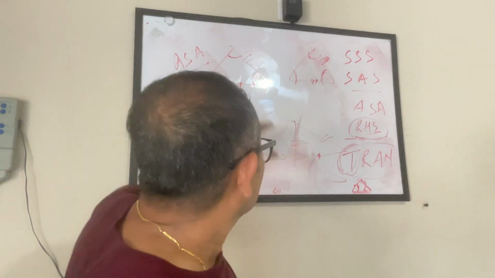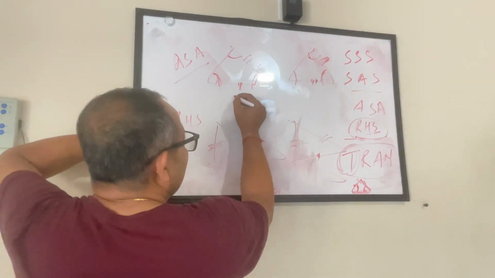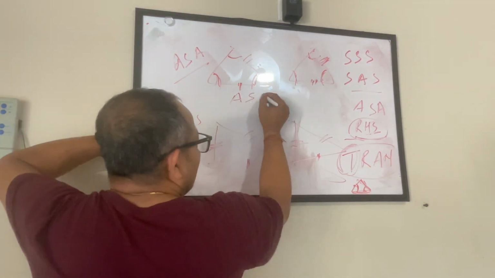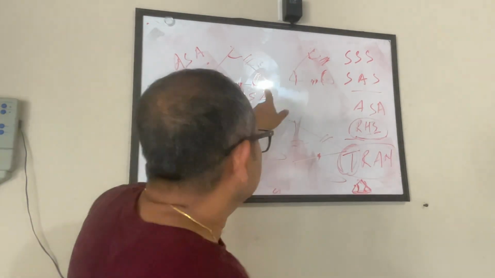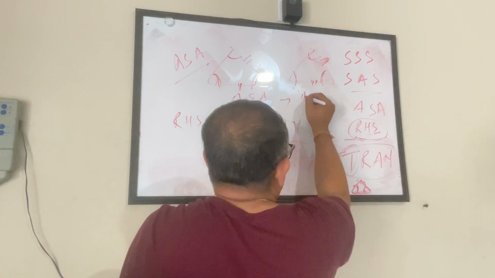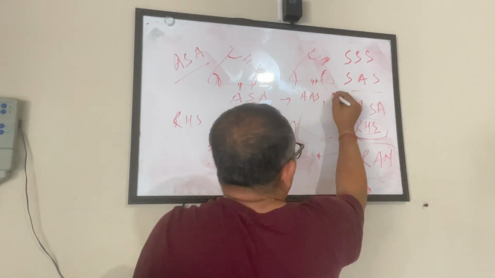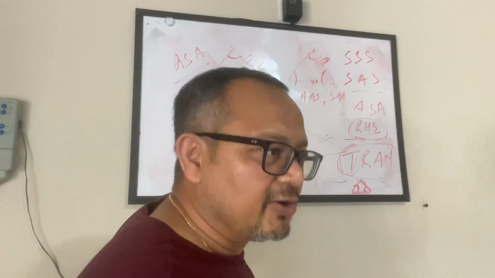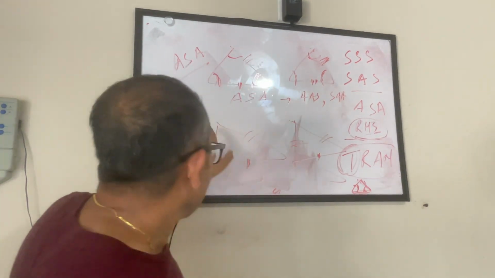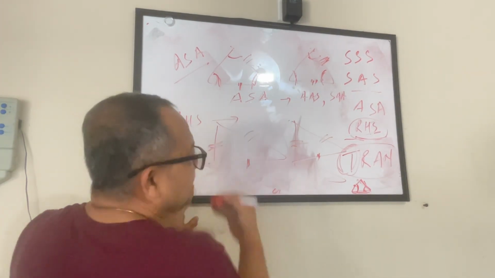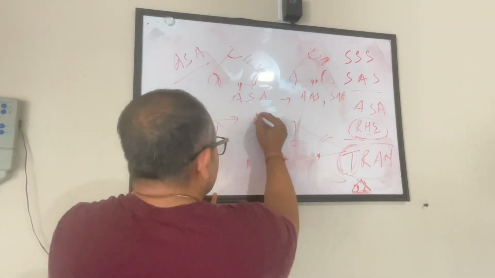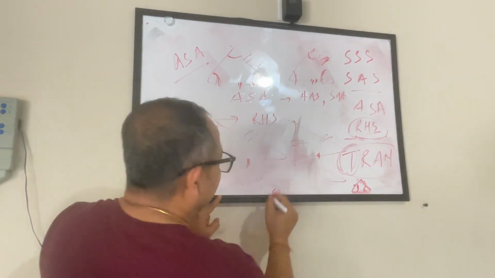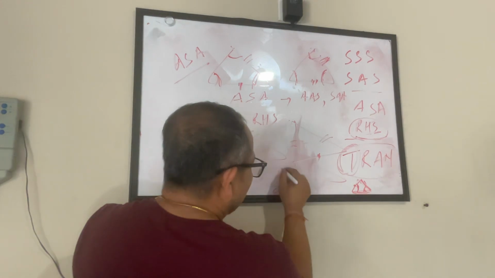Yeah? So the official theorem is ASA. I am saying AAS or SAA are also correct. Okay? The official theorem for right angle triangle says RHS. I am saying it is RSS.